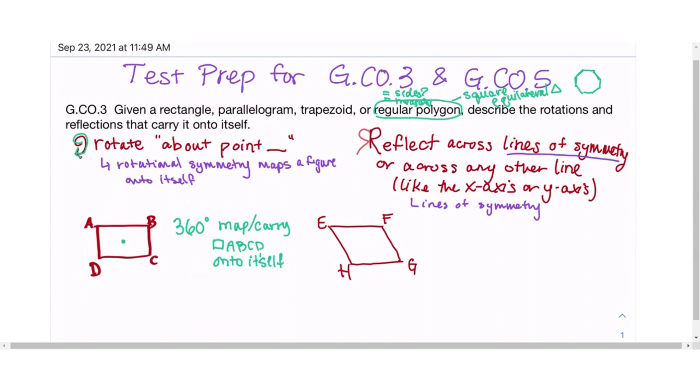I should have put extra stuff in there. Let me try this again. Okay. And then if I had another regular polygon, so let me do, pretend like this is an equilateral triangle.